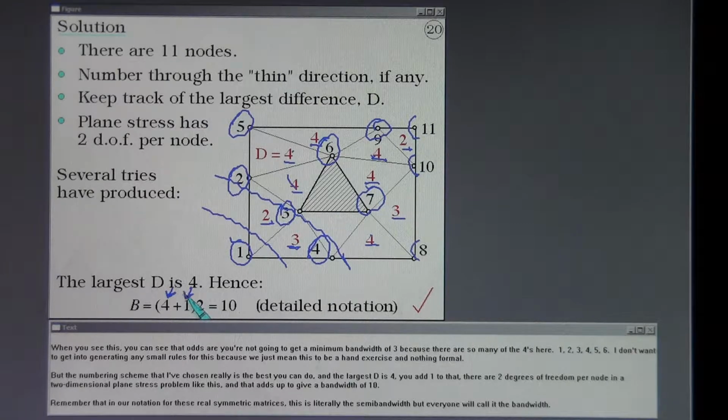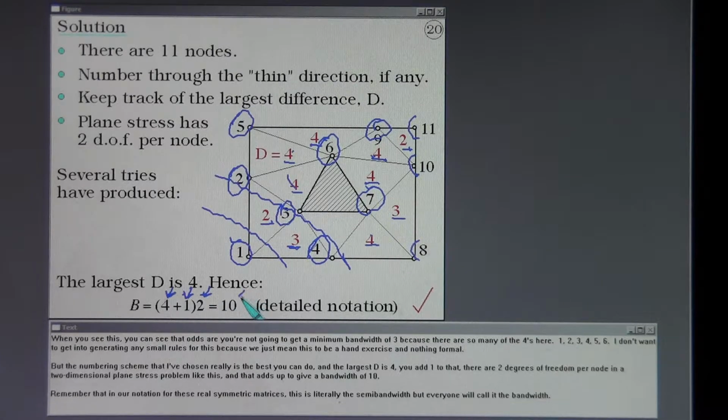You add 1 to that. There are 2 degrees of freedom per node in a two-dimensional plane stress problem like this, and that adds up to give a bandwidth of 10. Remember that in our notation for these real symmetric matrices, this is literally the semi-bandwidth, but everyone will call it the bandwidth.